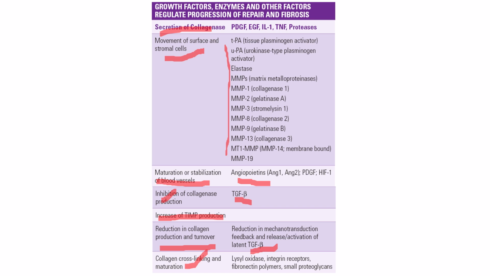Transforming growth factor beta is the major regulator. It has got a dual role. It inhibits the matrix degradation by the collagenases, and promotes the extracellular matrix deposition.